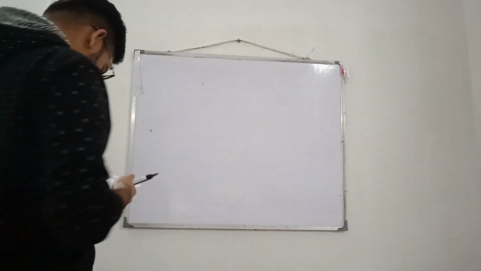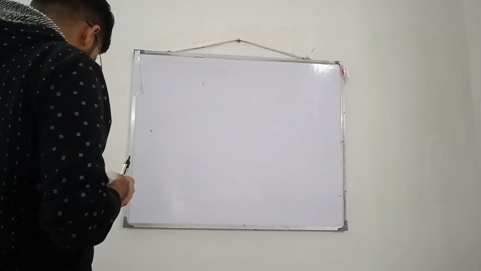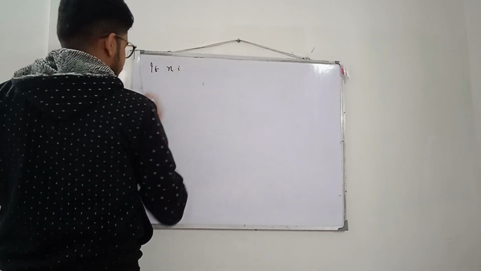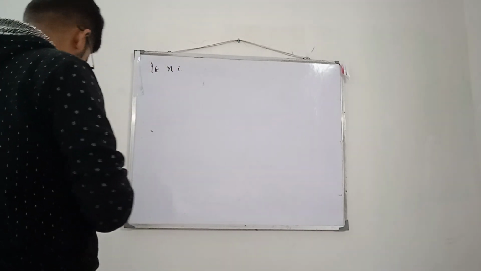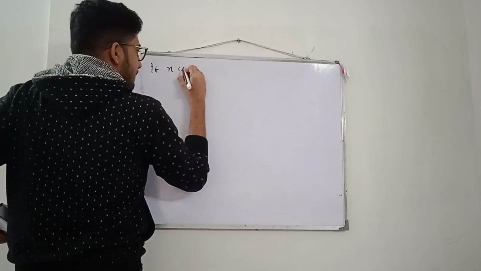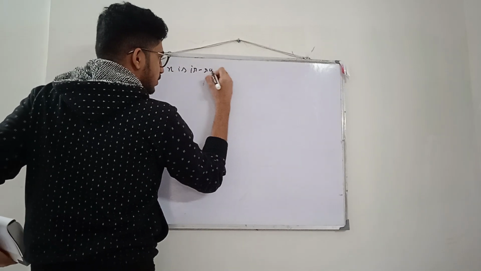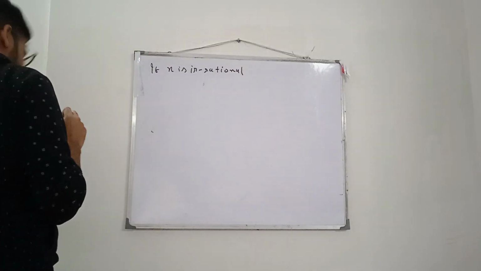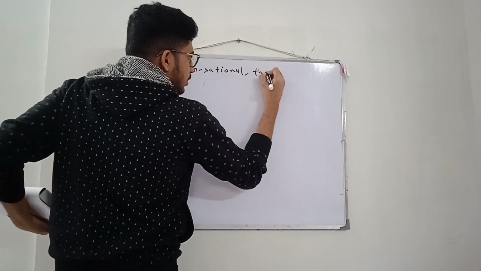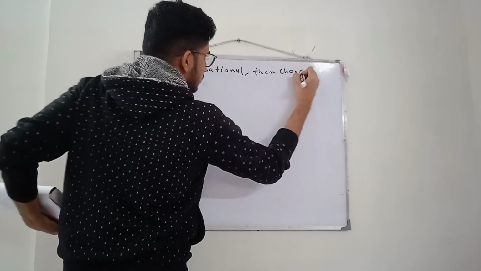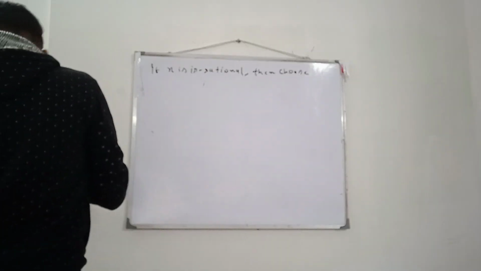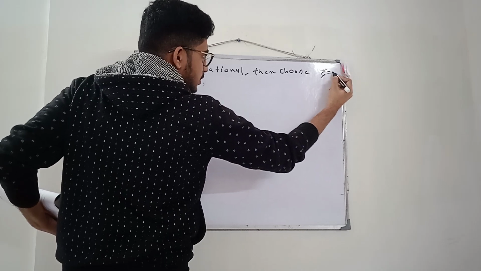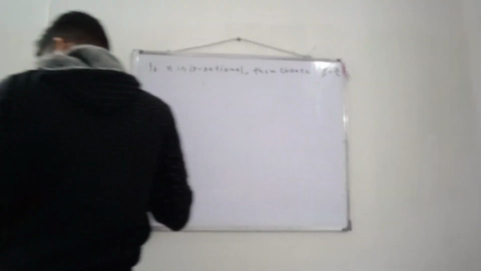Okay, so if x is irrational, then choose this sign equal to x by 2.